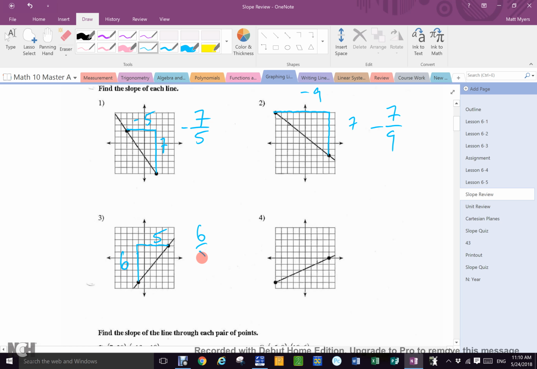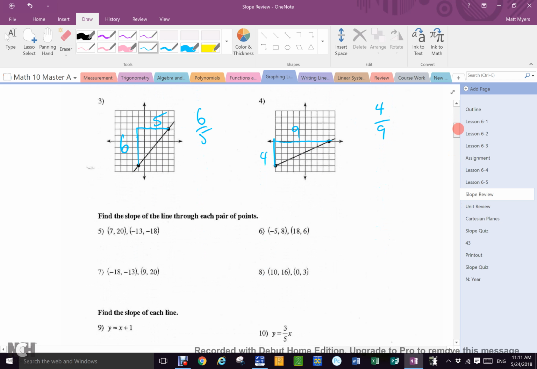And lastly, up 4, when my computer lets me. Up 4, and that way 1, 2, 3, 4, 5, 6, 7, 8, 9. 4 ninths. That looks like 9 ninths. 4 ninths. 1 mark each.